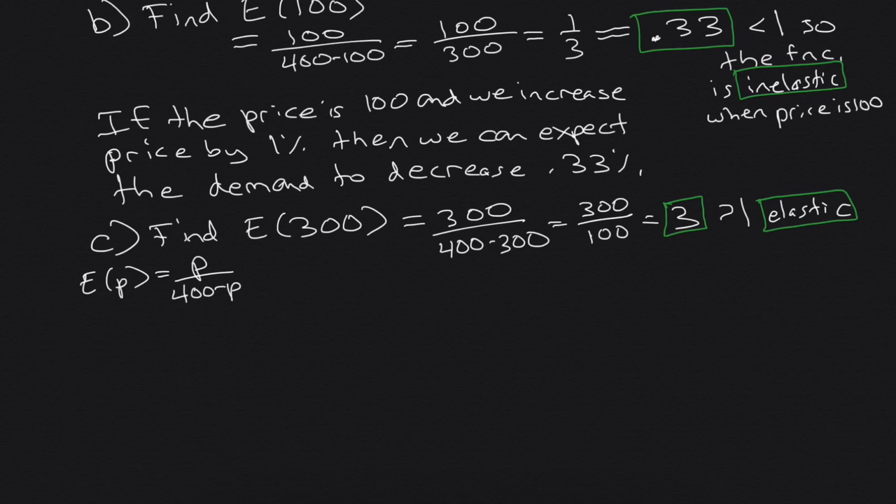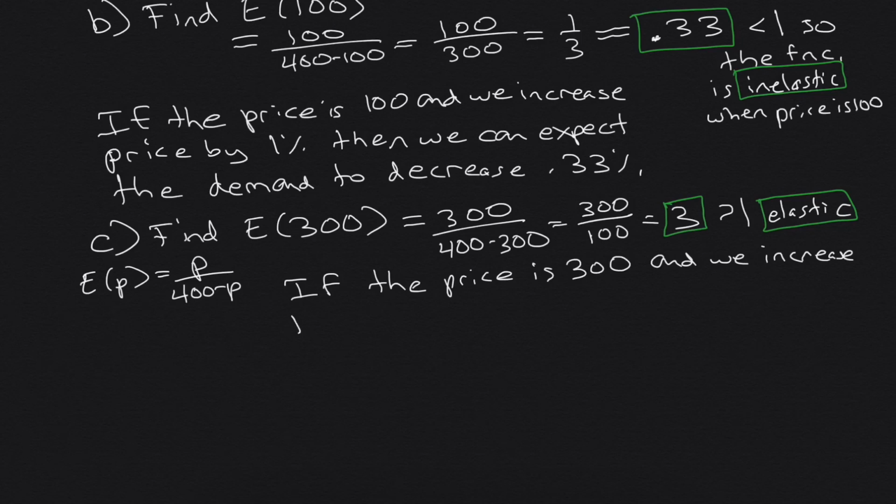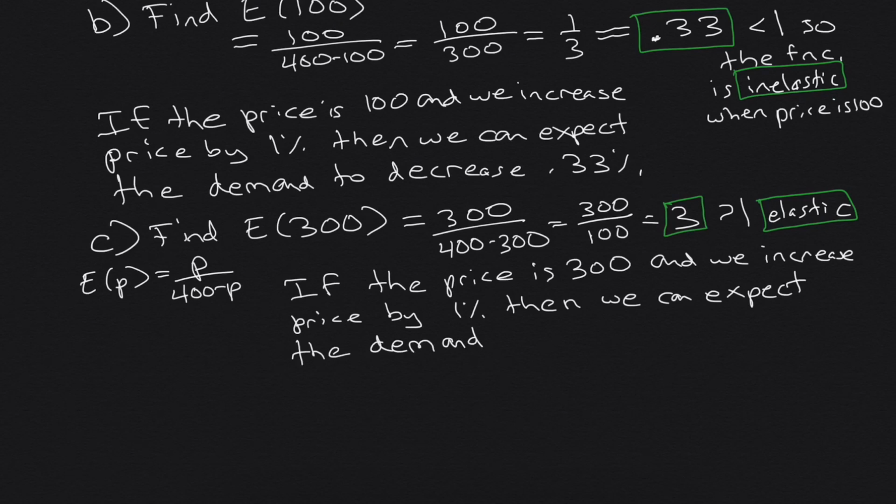This part you don't need to write down, but because it's our first time talking about elasticity, if the price is, what was it in this case, 300, and we increase price by 1%, then we can expect the demand to decrease.